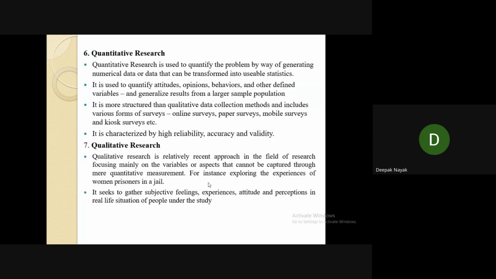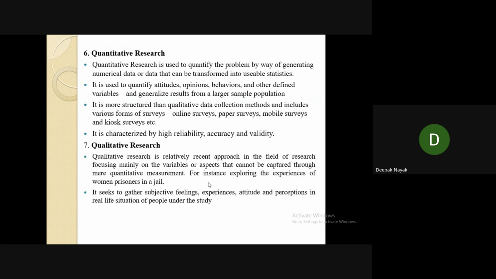Suppose you want to understand the experiences of drug addicts before drug addiction and after addiction. You cannot just quantify them.